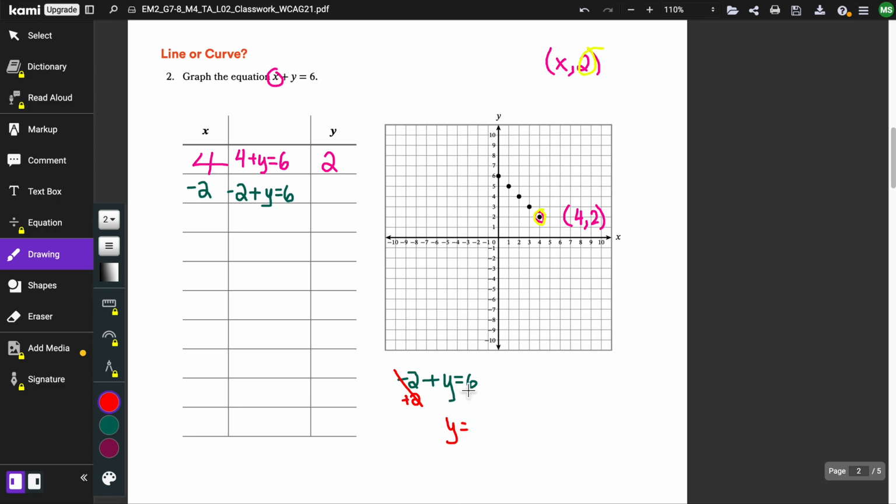Because I added 2 on the left, I need to add 2 on the right. 6 plus 2 is 8. So when x is negative 2, y is 8, and I can go ahead and graph that point as well. So try a few other points here before moving on to the next page.